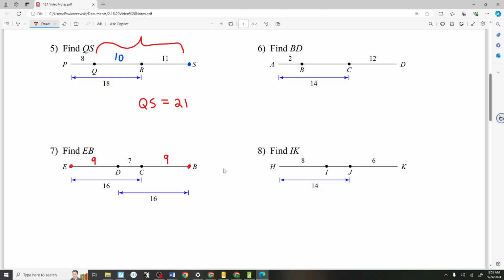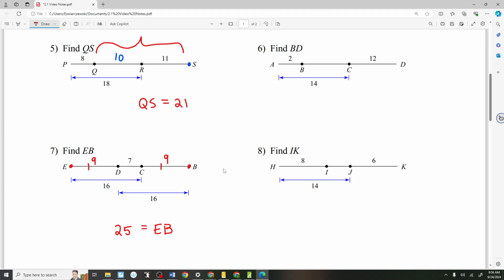So it turns out ED is congruent to CB. I'm sorry, I said that wrong. ED is congruent to CB. And now I want the total distance, so I add all this up. 9 plus 7 is 16, plus 9 is 25. So 25 is equal to EB.